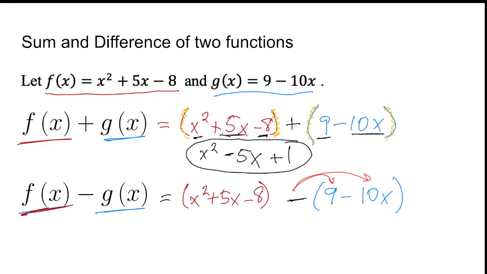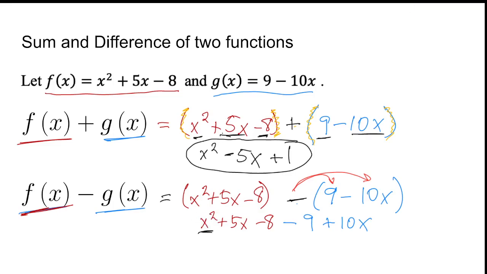Okay, and so as we take off the parentheses, this is going to become minus 9 plus, negative so positive, 10x. Okay, so that's how that's affected. The front polynomial is not affected: x squared plus 5x minus 8.